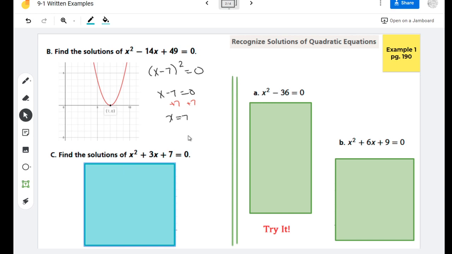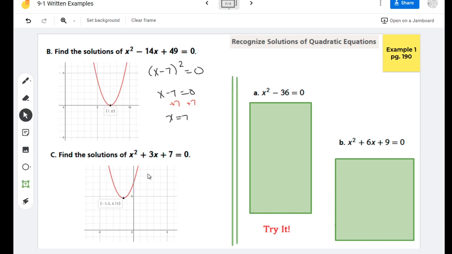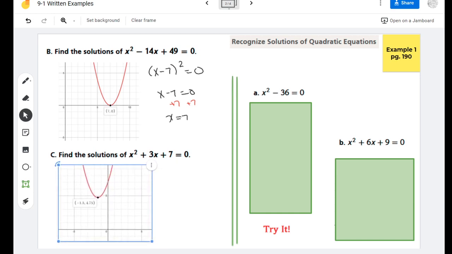Now on this one, it's worth noting this expression is not factorable. There's nothing that multiplies to make 7 that adds to make 3. When you have something that's not factorable, it could mean two things. It could mean that there's no solution, like you see here, this parabola never crosses the x-axis. Or it could mean that you have solutions that are at really weird spaces, like irrational numbers instead of whole numbers.